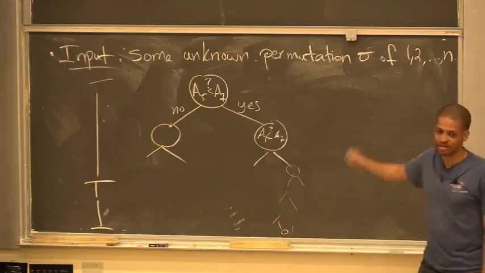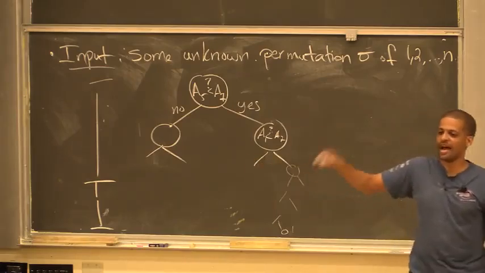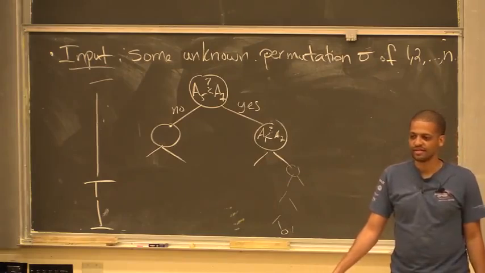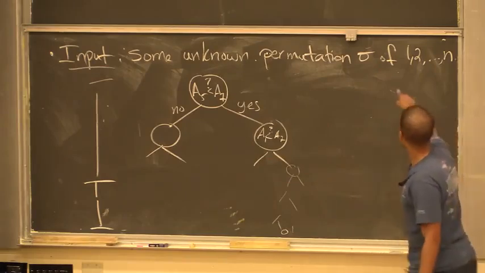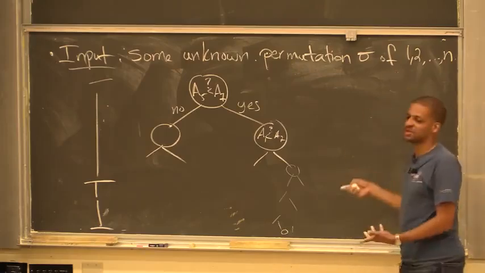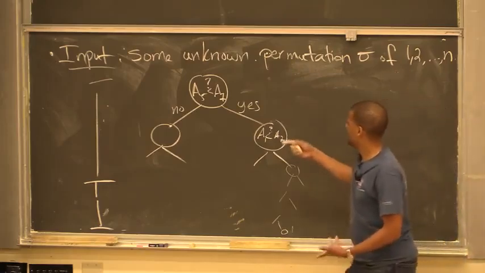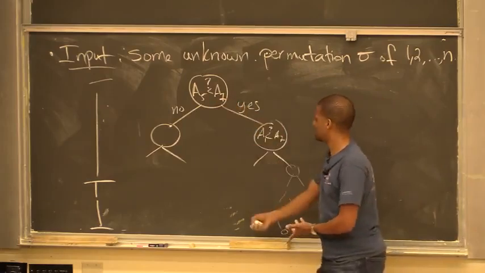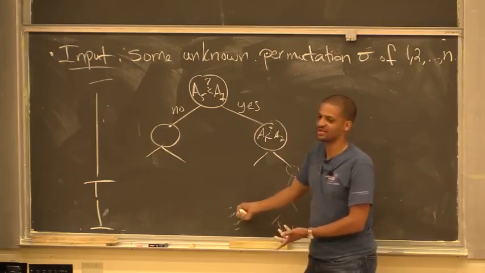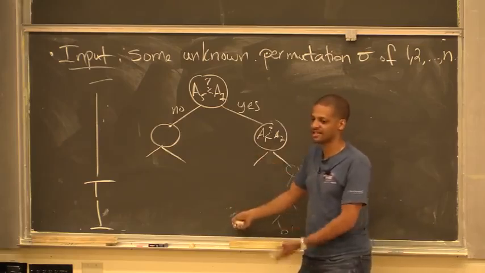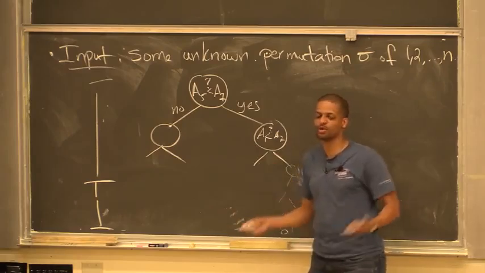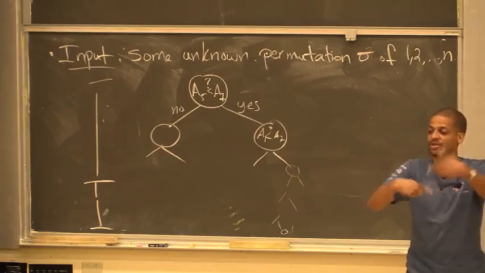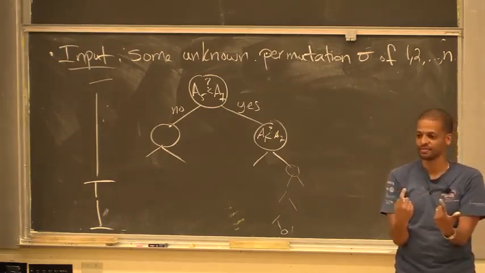Every permutation had better have its own leaf somewhere. Because if the permutation is 1, 3, 2, the algorithm had better correctly sort it. The algorithm needs to know that it is 1, 3, 2, so it had better end up at a leaf that corresponds to 1, 3, 2. No two different permutations can arrive at the same leaf, because that means the algorithm is wrong on at least one of them.